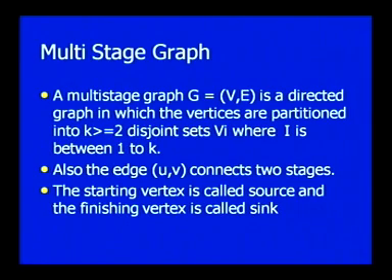Just now we had seen the discussion of the multi-stage graph, and some examples of it also. A multi-stage graph is a graph having vertices V and edges E, partitioned into disjoint sets, and the edges connect between two stages.